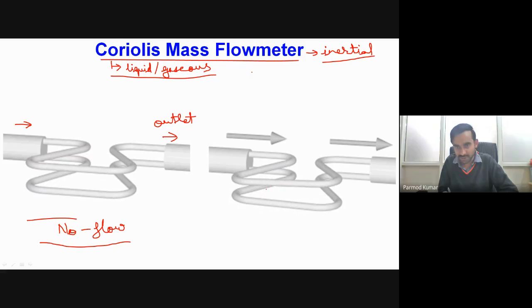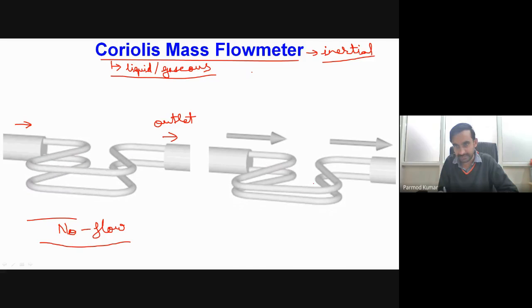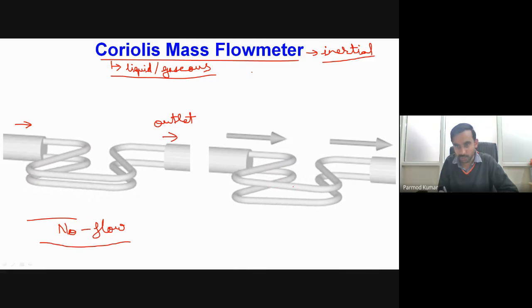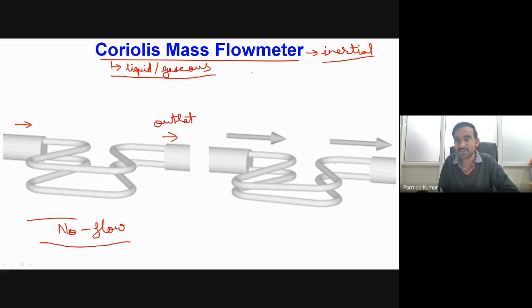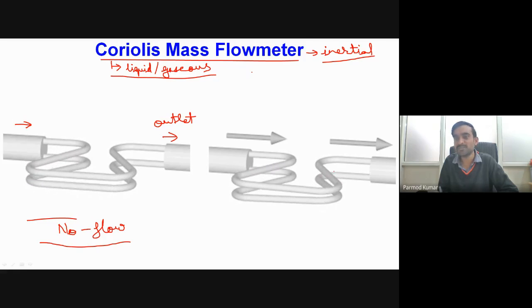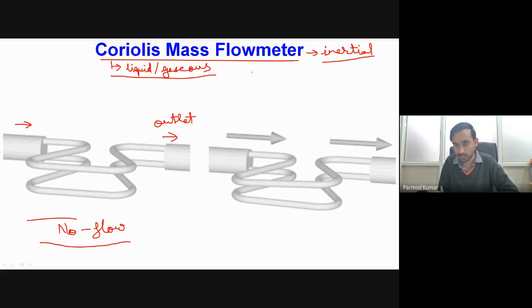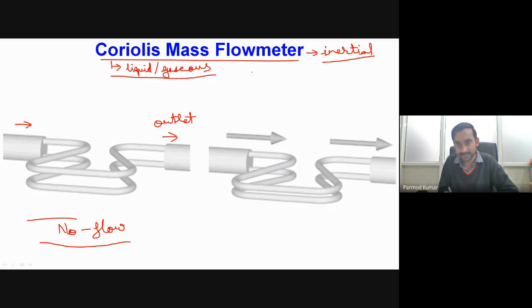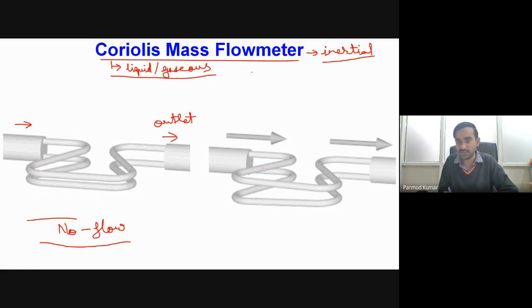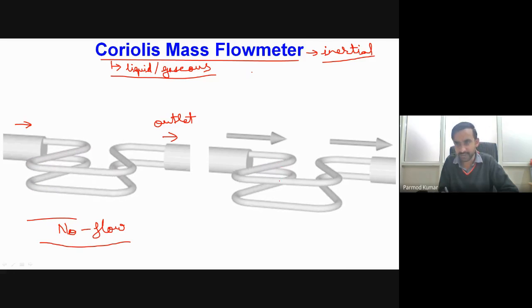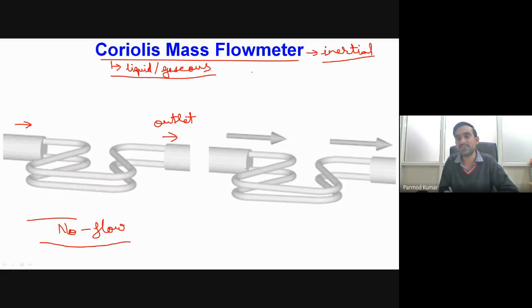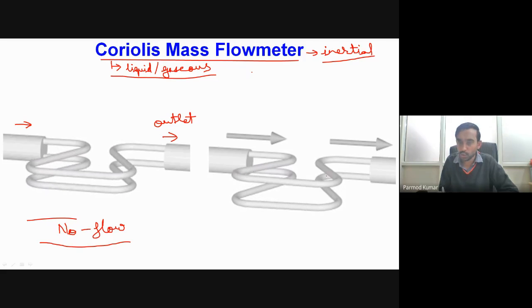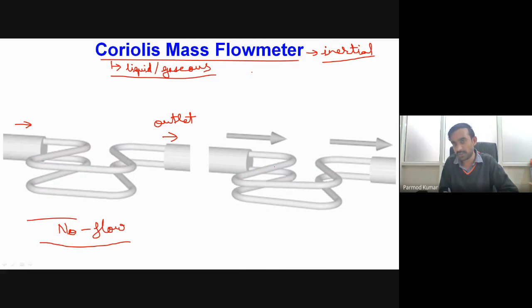If you try to see the oscillation pattern of this tube, while the top tube is rising in upward direction, the right portion of the tube is having more upward oscillation, or I should say more upward displacement, and the left portion is having less displacement. While it is moving in downward direction, once again we are having the difference of oscillations between the two ends of this particular tube.